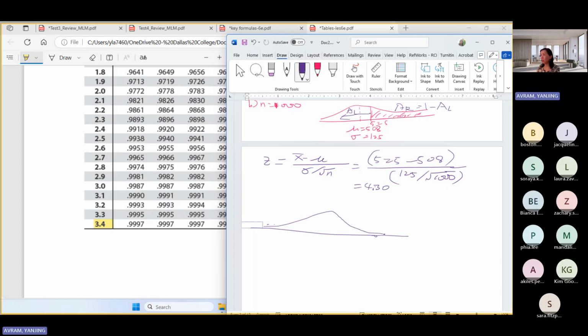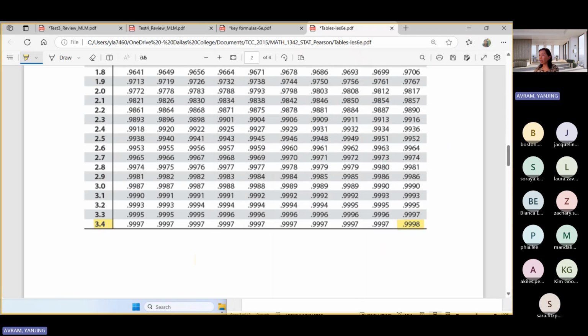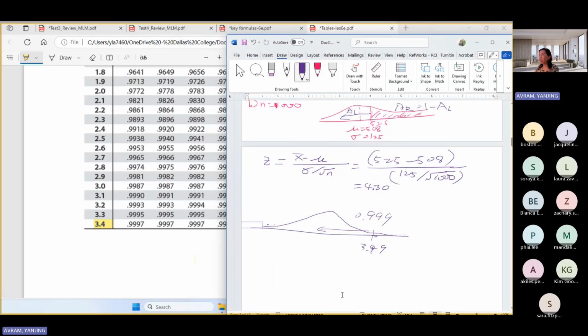But when it's 3.49, 3.49, okay, your area to the left is already 0.99998. Okay. We said the entire bell curve total area is 1. So that means you already have a 0.999 in here, okay?